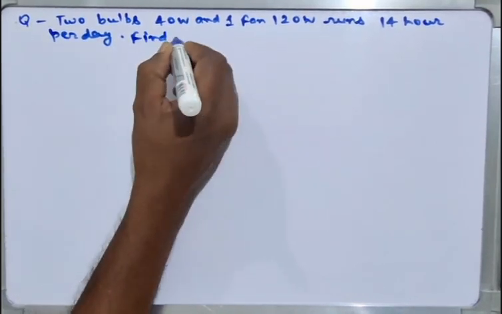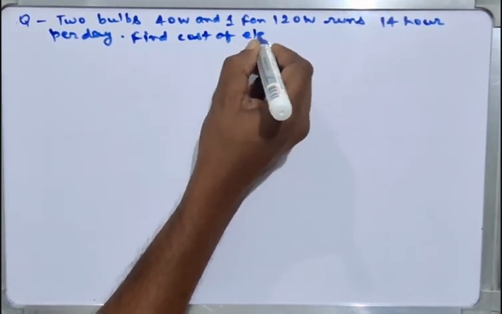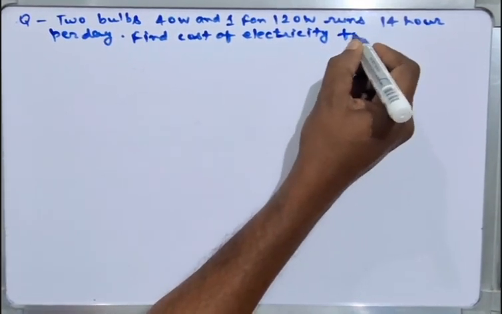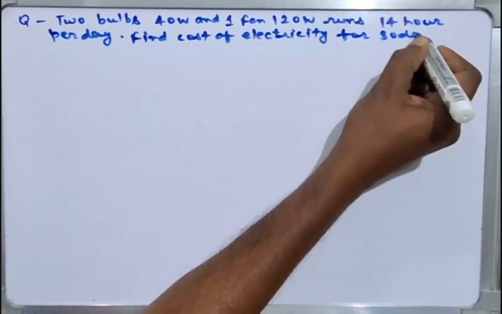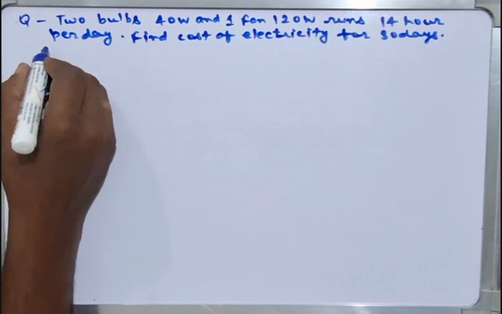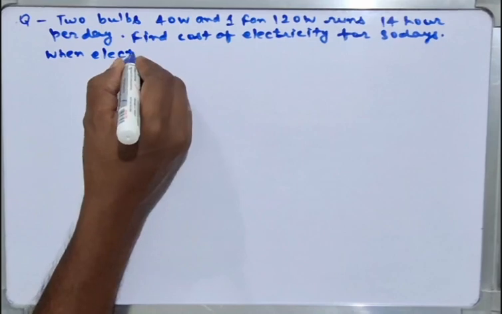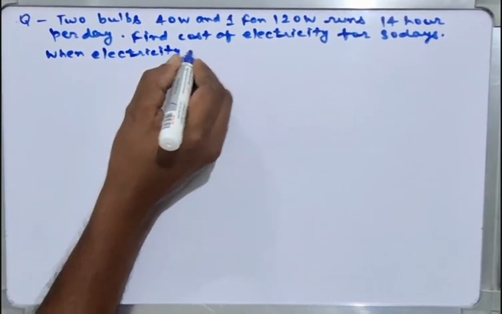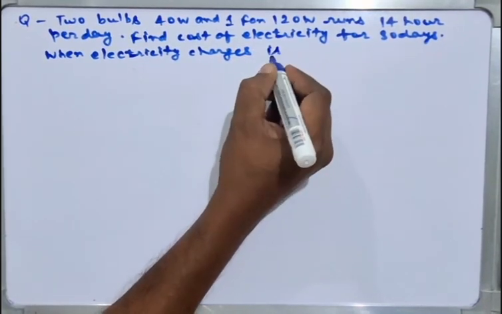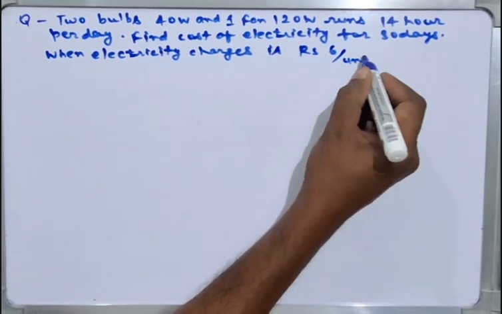Find the cost of electricity for 30 days when the electricity charge is Rs 6 per unit.